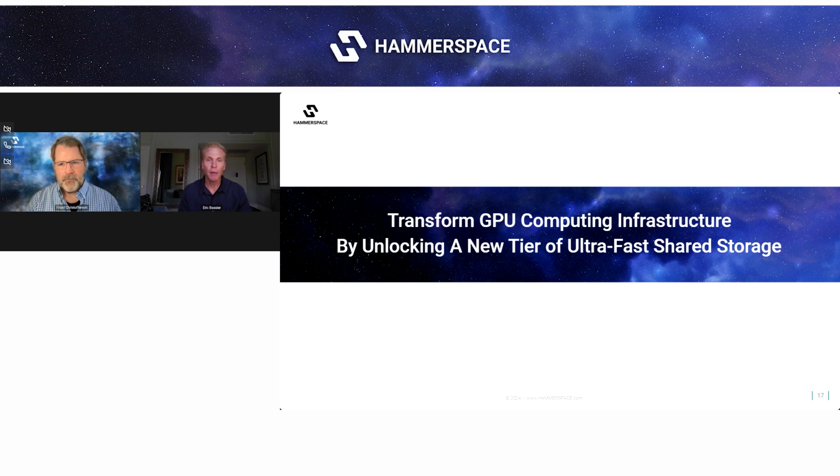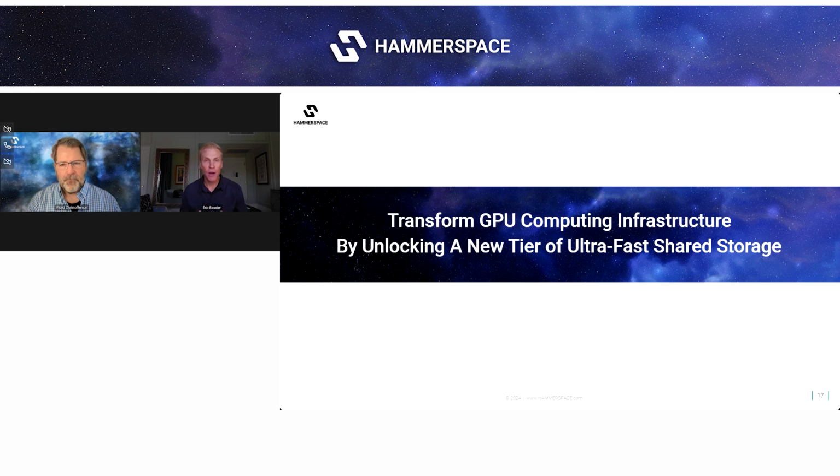And what we're going to be talking about is how we transform GPU computing infrastructure by letting you turn the local NVMe storage that's in your GPU servers today into a new tier of ultra-fast shared storage that's part of the Hammerspace data platform. And we call that tier 0.